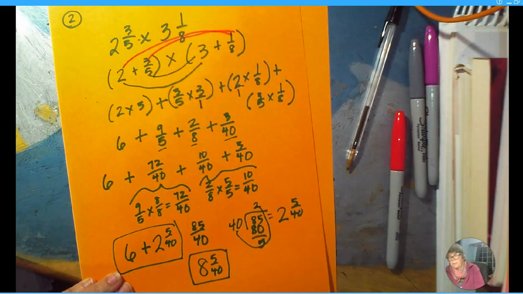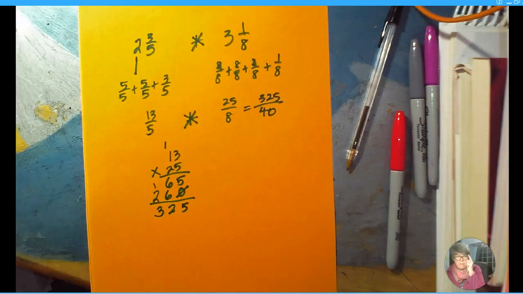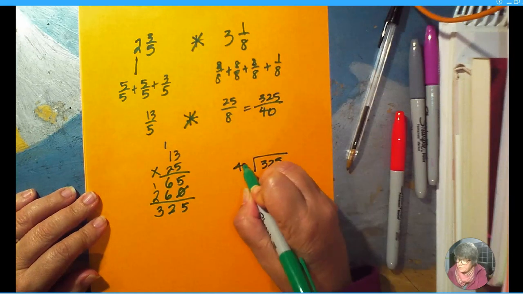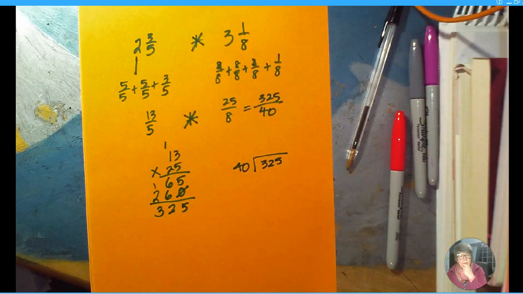Well, a little bit less work, but now I'm up to 325/40ths. So I have to divide 325 by 40, see how many whole numbers are going to be in there, right?